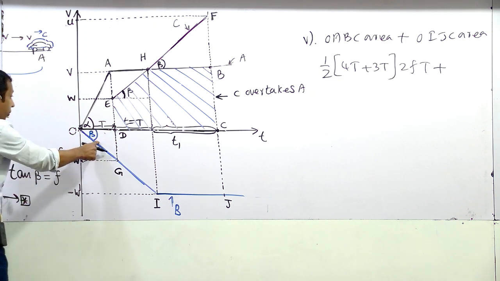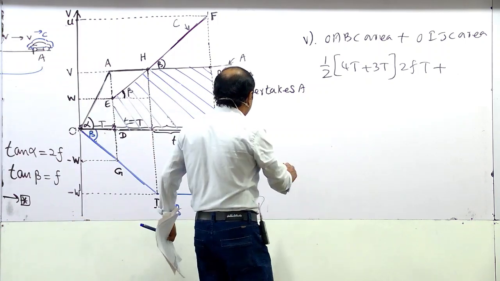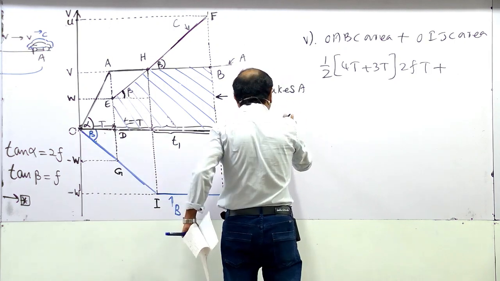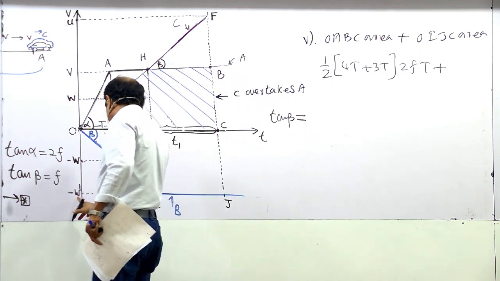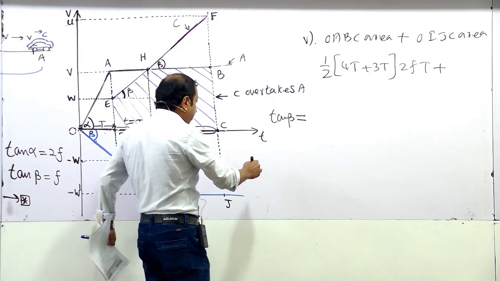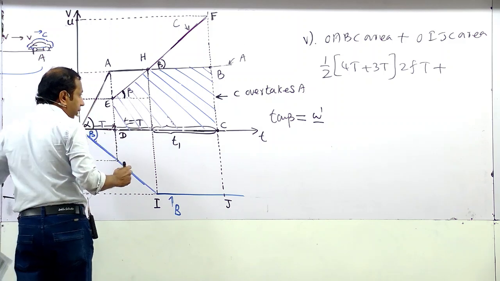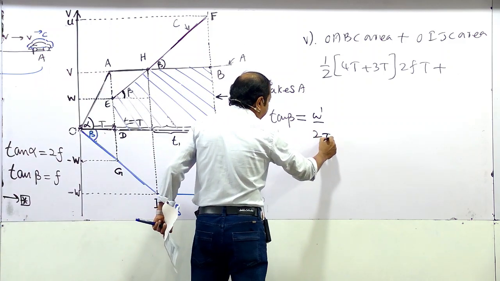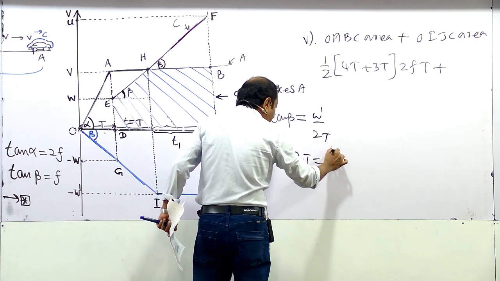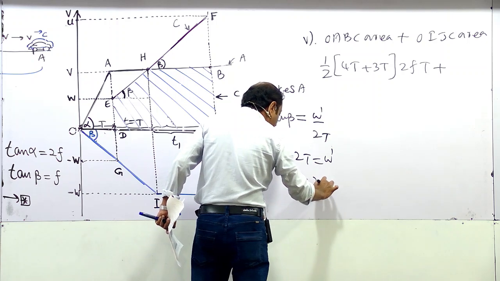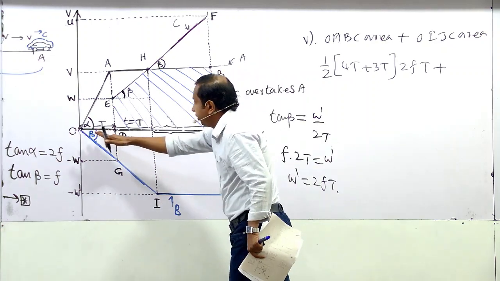When I apply the tan beta ratio here, we can write W dash divided by 2T, tan beta is F. Bring this here. W dash is 2ft. Correct, no? Right.